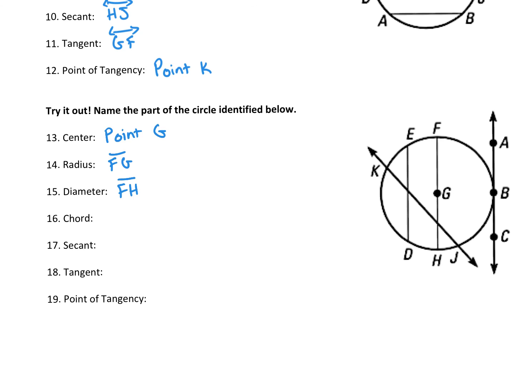A chord is ED. A secant is a line, and that is KJ with the line arrows. A tangent is a line, which is AC. And the point of tangency on this circle is point B.